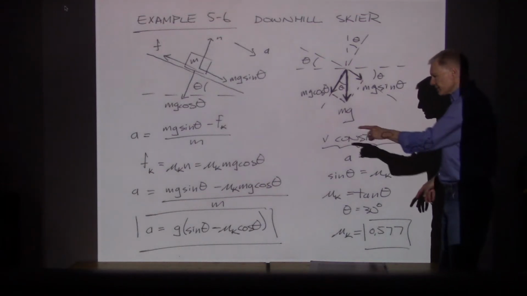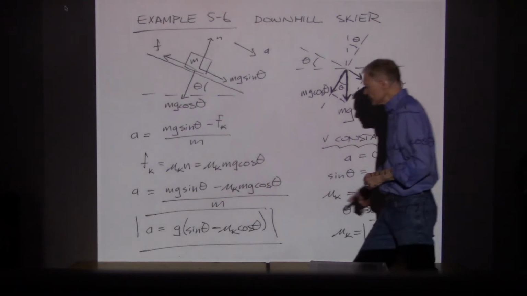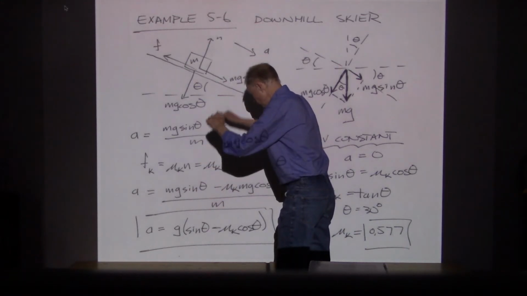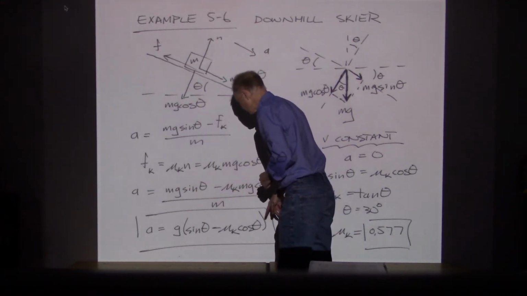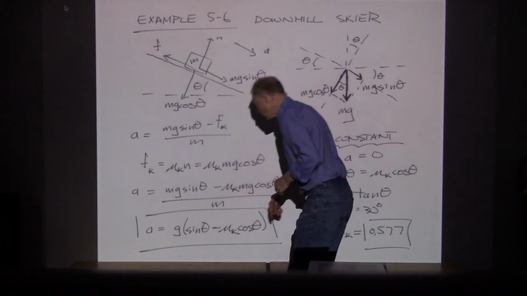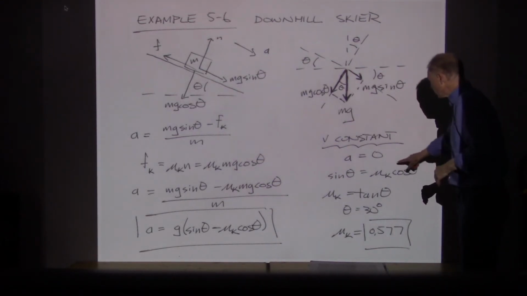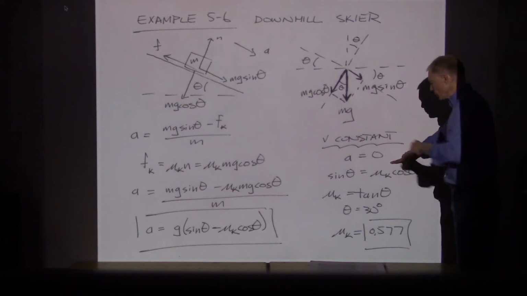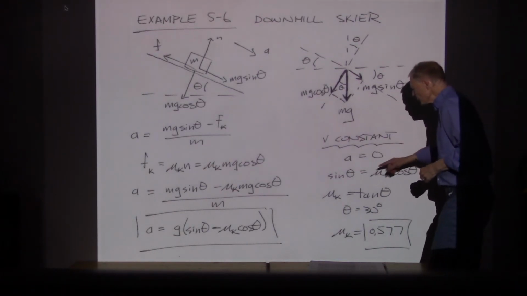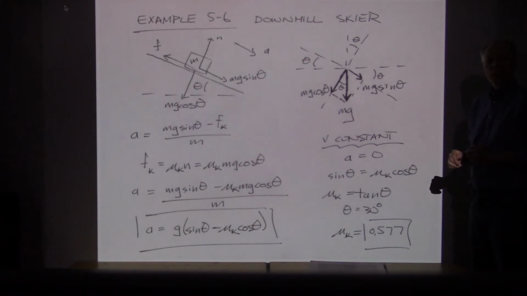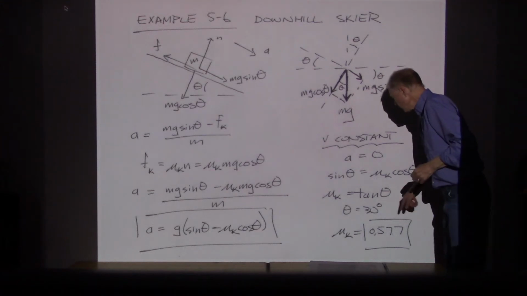So setting the acceleration equal to 0 means that I'm going to take this sine theta, which derived from the gravitational effect, minus mu sub k cosine, which follows up on the friction, and set those two equal. So if I set these two equal, the acceleration will be 0. That tells me mu sub k needs to be sine theta divided by cosine, or tangent of theta.